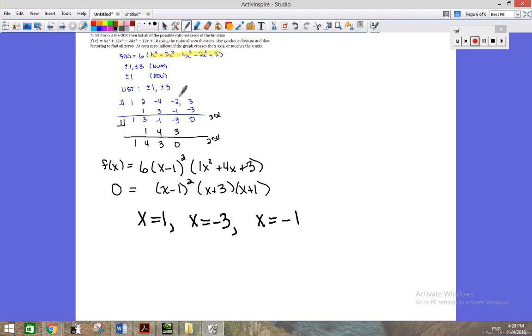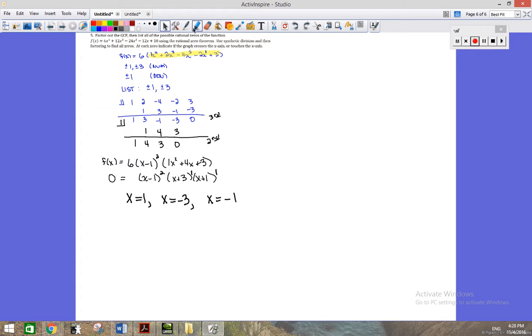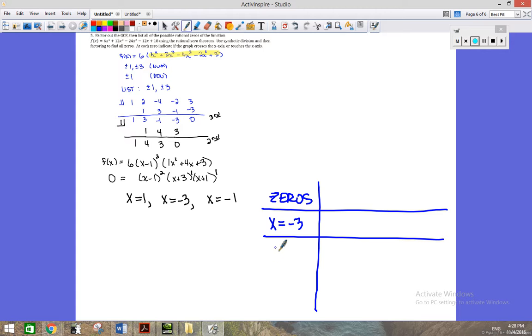Now they want me to form a table. Remember, these are my multiplicities here. So I have 3 zeros to write in my table. Let's write my table over here, and I'll even change colors to hopefully make it easier for you to read. The zeros of this function, we found 3 of them: negative 3, negative 1, and positive 1.